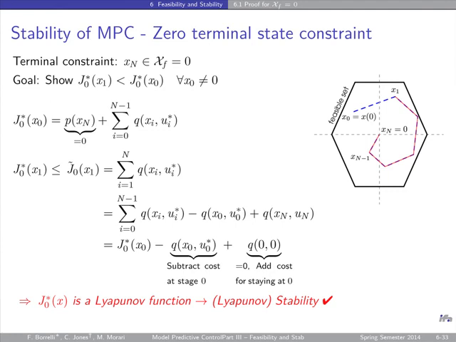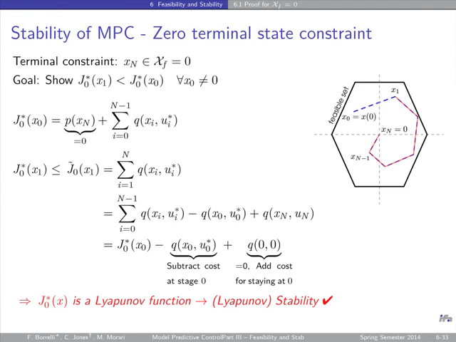And how did we prove that? The proof was based on taking the optimal cost and proving that it decreases along the closed loop trajectories. It decreases once you apply MPC. We have taken x0, we applied MPC, we ended up in x1, and we have proven that regardless of the x0, see there is no assumption on x0, so it can be any state, the optimal cost at the next time step will decrease. Okay?